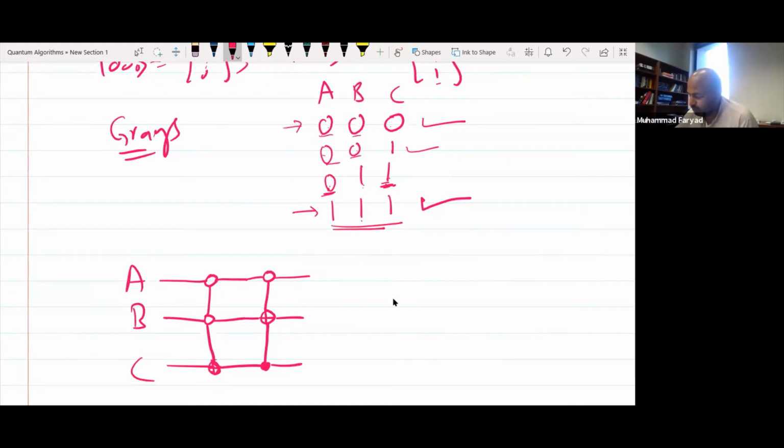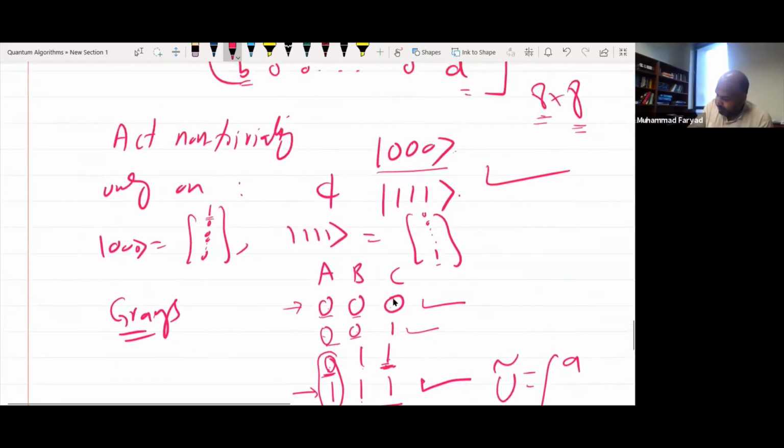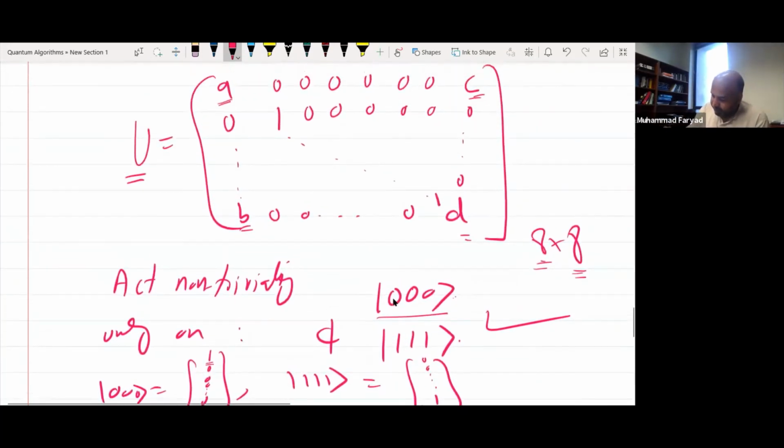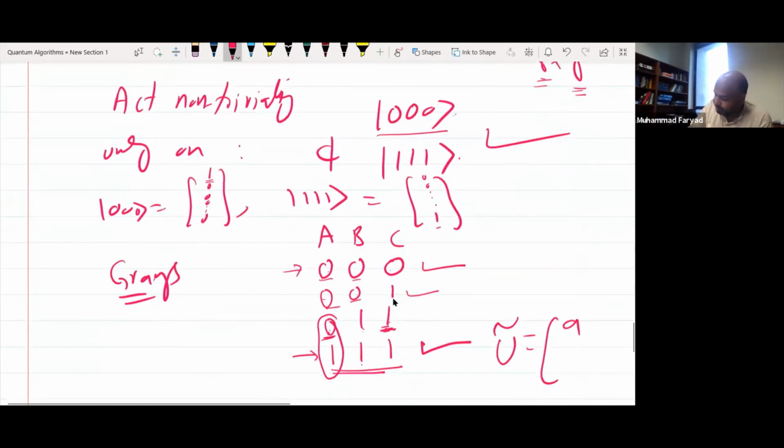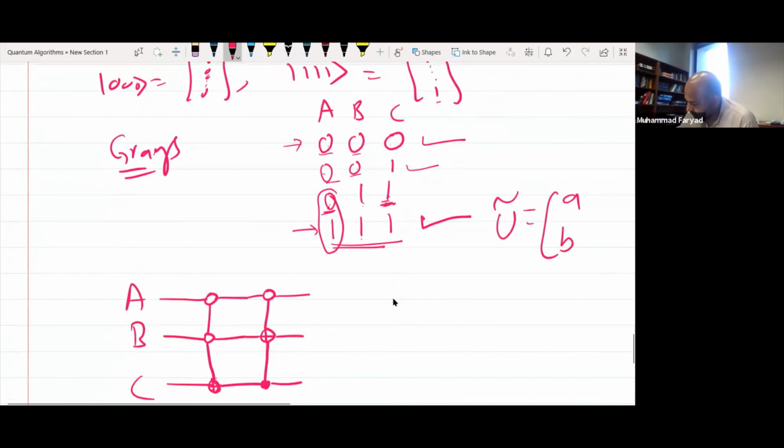And then what we do is we implement our smaller unitary transformation A, with entries A, B, C, and D. And this unitary, we act on the qubit which is different. And this is controlled by the other two qubits that are the same.